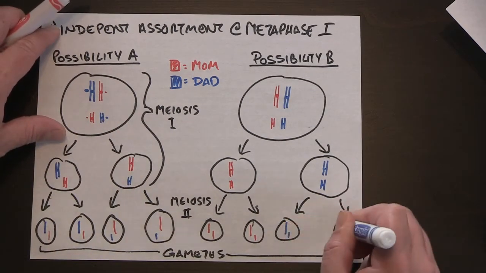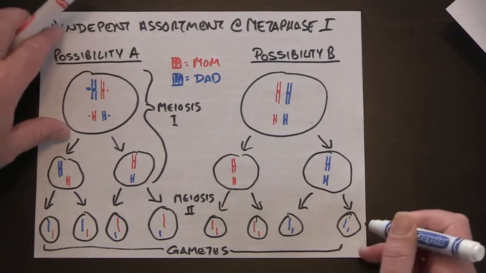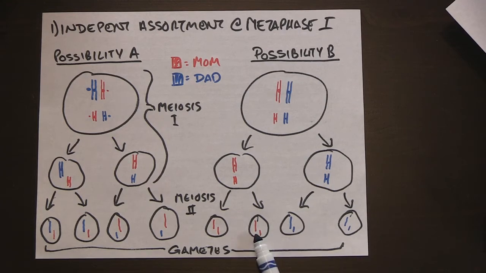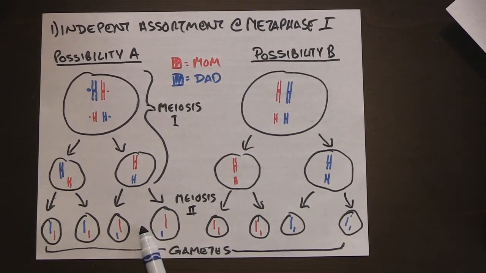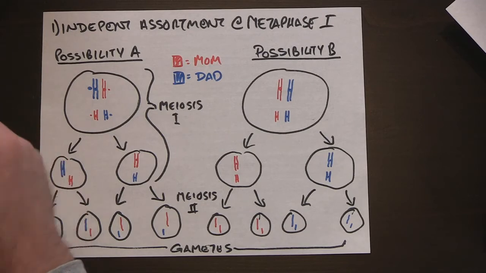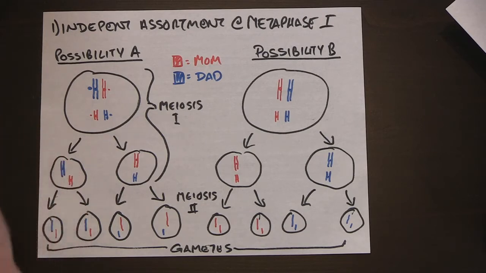Okay, so this gamete is going to have all of dad's chromosomes. This gamete is going to have all of mom's chromosomes. This gamete is going to have one from mom and one from dad. So you get this mixing up of the chromosomes. Okay, so that's the independent assortment of the chromosomes that happens at metaphase 1.